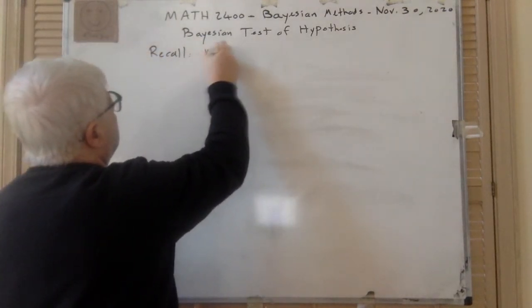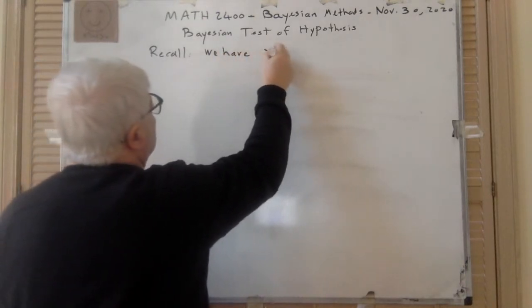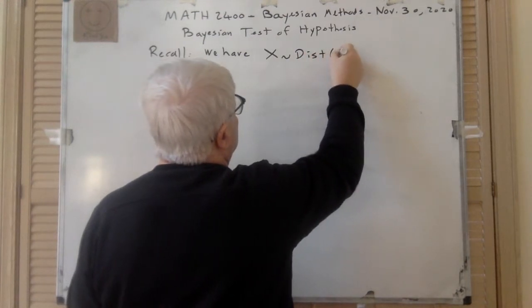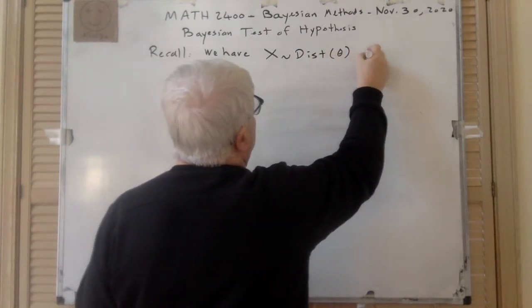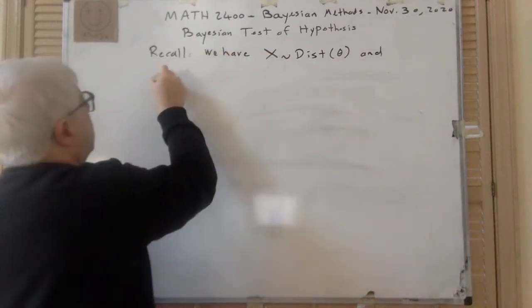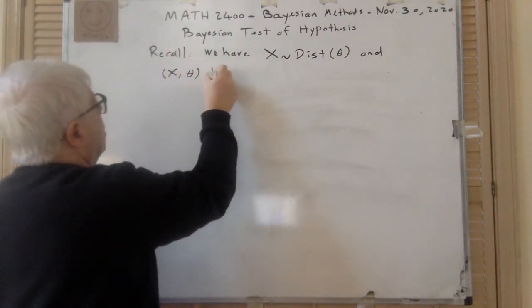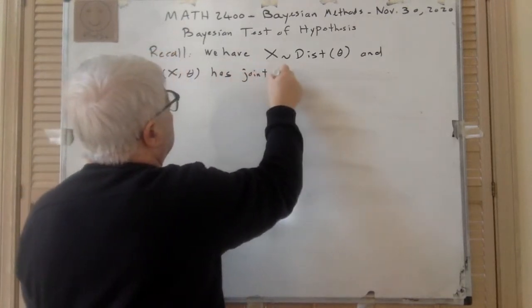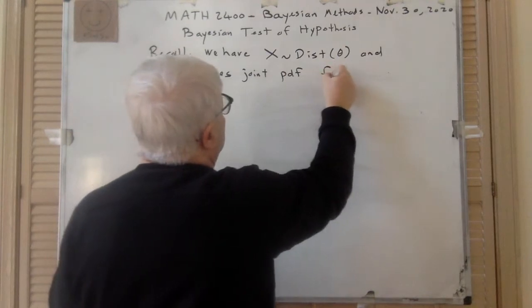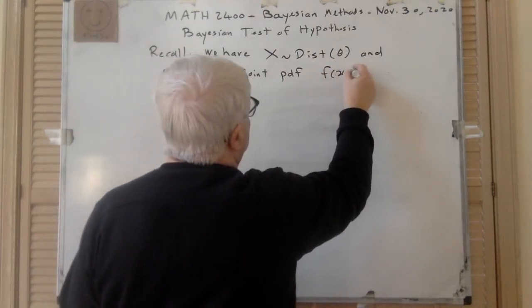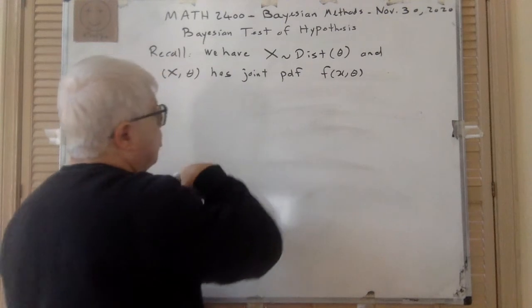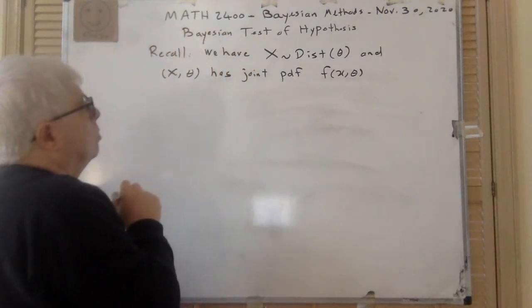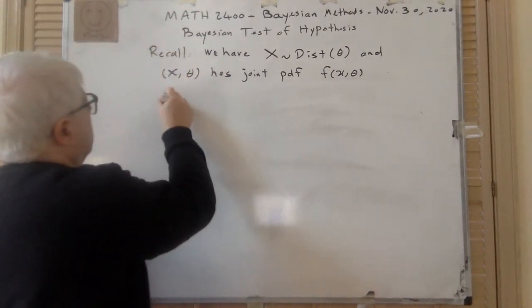We have X, its distribution data, and X data has joint PDF f of X and theta. Okay, so theta is the parameter.